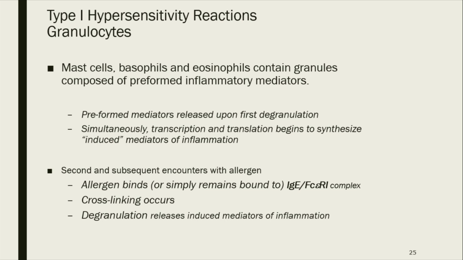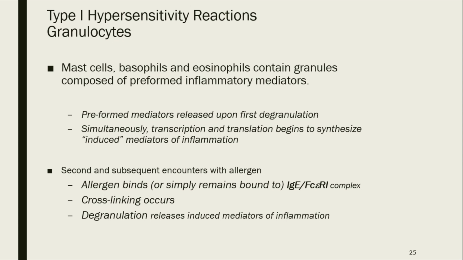So we're going a little bit faster here because I feel like this is somewhat old information with a little bit of new message. So mast cells, basophils, and eosinophils are packed with granules, and in particular the mast cells are packed with histamine.